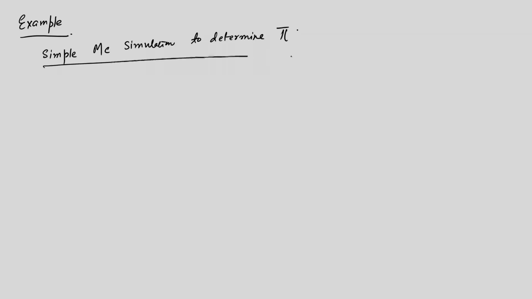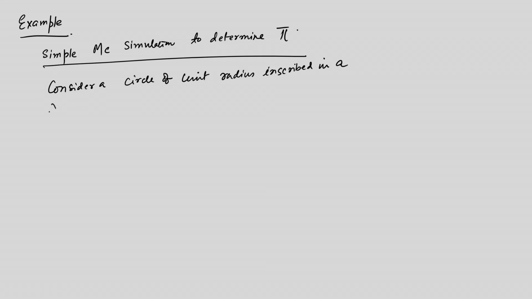the value of pi, okay, which you know as 3.1415 and all that. So, consider a circle of unit radius inscribed in a square of sides 2 units.